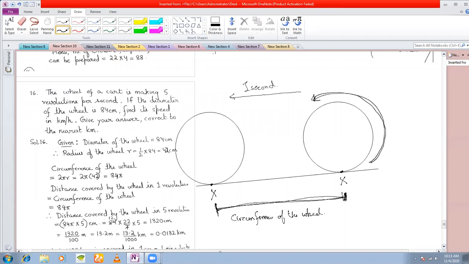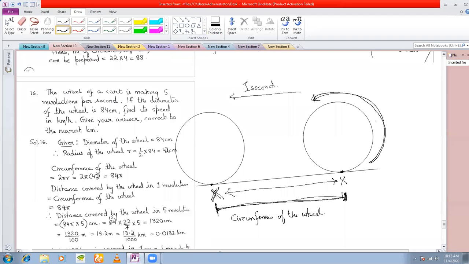Exactly. This distance here, is it equal to the circumference of the wheel? The wheel is rotating. Consider any point on the circumference of the wheel.